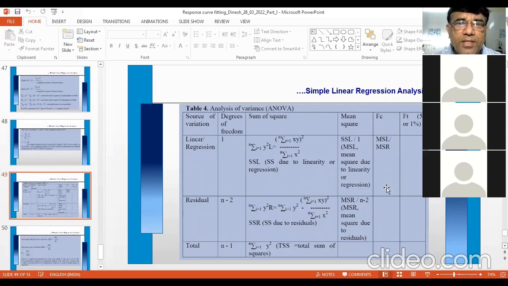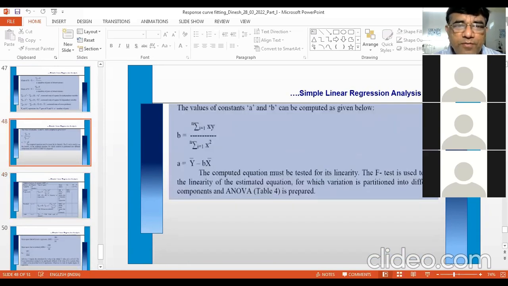Otherwise, you need to test the linearity of the equation. Now you have found the equation y = a + bx, but you need to test whether this equation is linear or not.